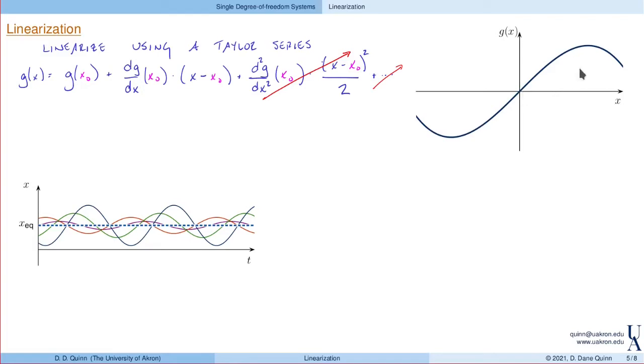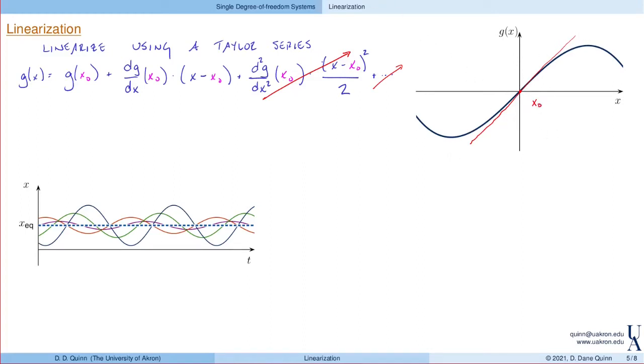And at any point, I can identify the slope. So let's assume that the base point was maybe x0 at the origin. Then I can approximate this function by a line, right, whose slope matches the function at the origin. And this line is our linear approximation.